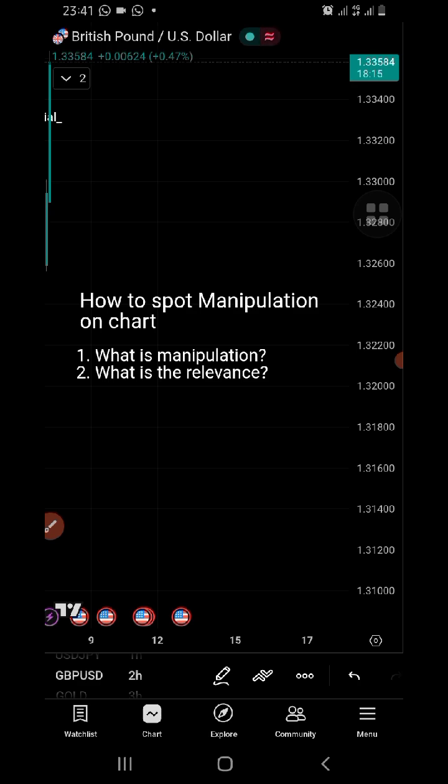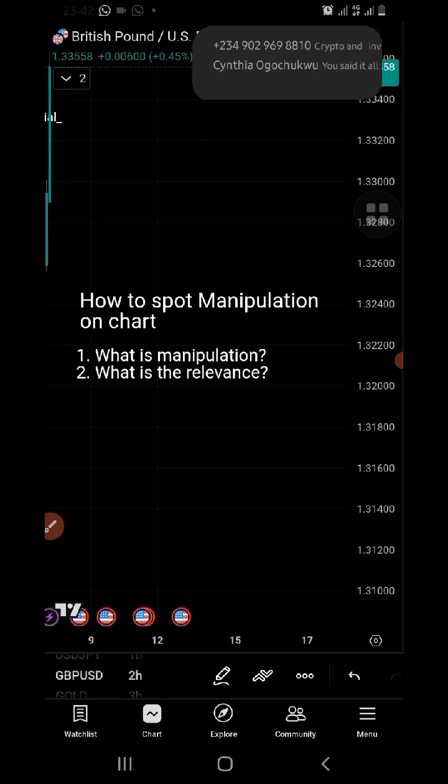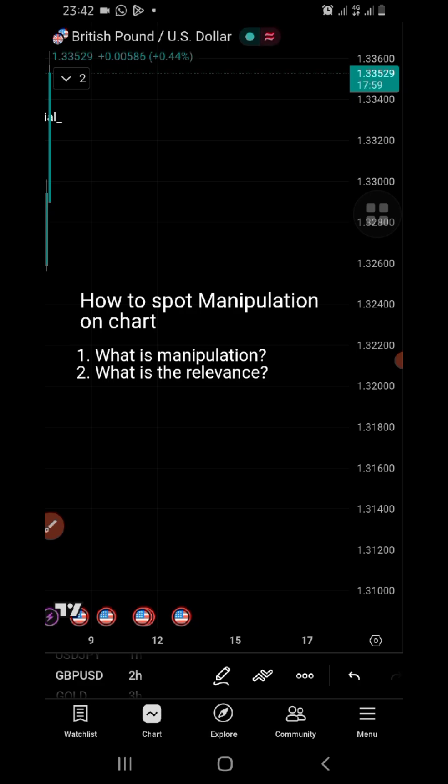Why did you think the market was running that way? Something happened. And there are always signs that the market gives you before you can know that, yes, this has happened and this is what is expected. So manipulation is a signal to show that the market is about to make a very great move. That is simply manipulation.